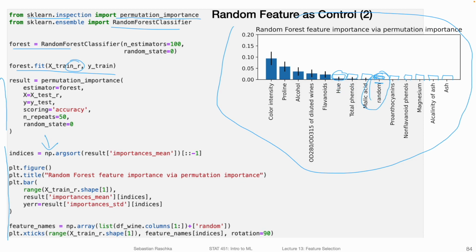When we have this random column, we can tell what our threshold might be. So if I have something of this magnitude, I might argue everything below this one is a meaningless feature importance. So the only important features might be those 3, for example.